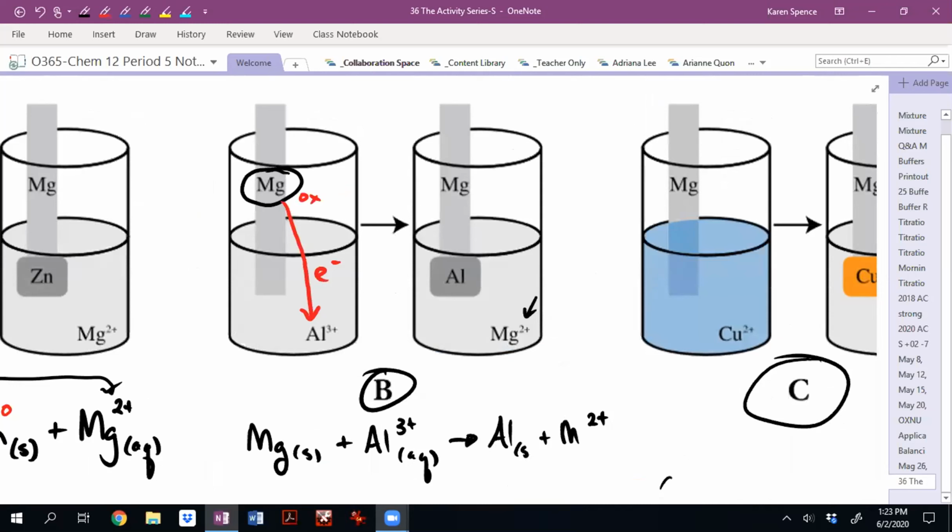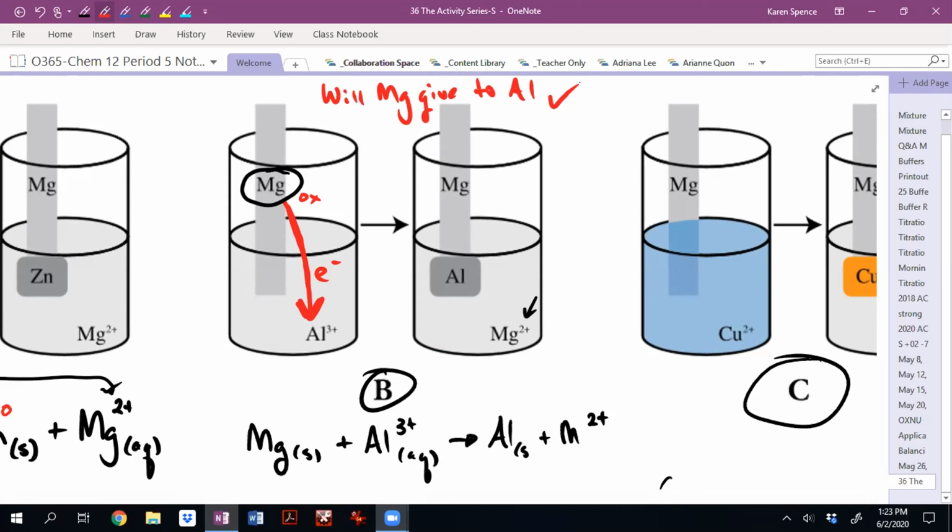So the question was, will magnesium give electrons to aluminum? And the answer is yes. Okay, magnesium is giving electrons to the aluminum. What do you predict is going to happen if I have a stick of aluminum now in a magnesium solution?